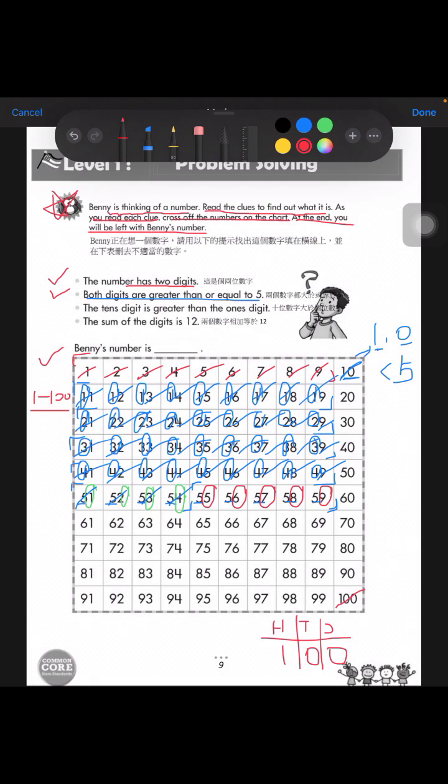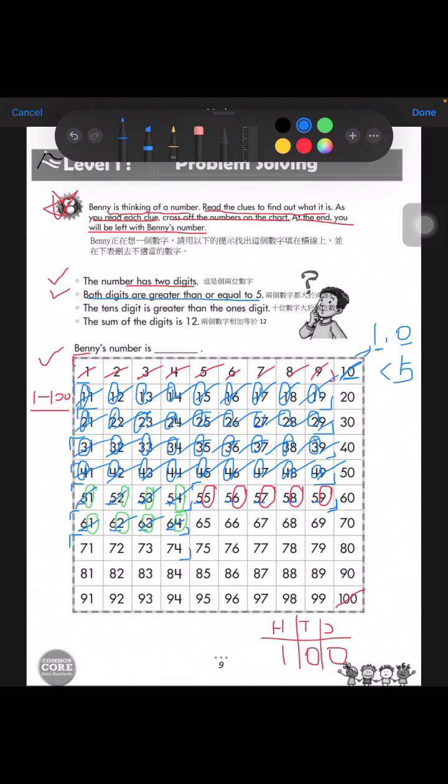Okay, next we'll look at numbers 61 to 64. Again, the digit in the 10th place is 6, but the digits in the 1 place are 1, 2, 3, and 4. So these numbers are also less than 5, so we can cross them out.